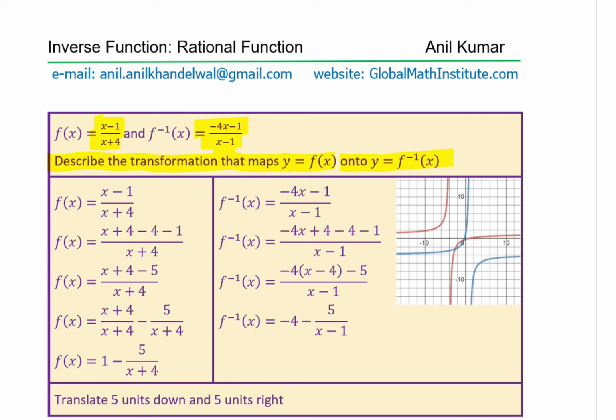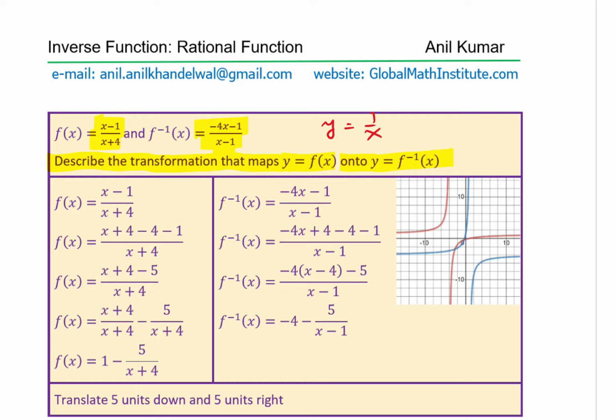Now, to do this mapping, there are different ways you could do it. You can check the transformation of each function with the parent function y equals 1 over x. You could do that. And once you compare, you can then go from the function to the inverse function also.